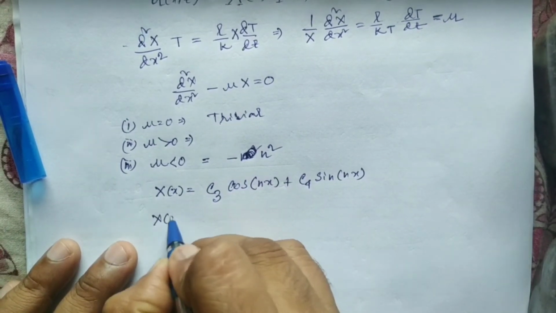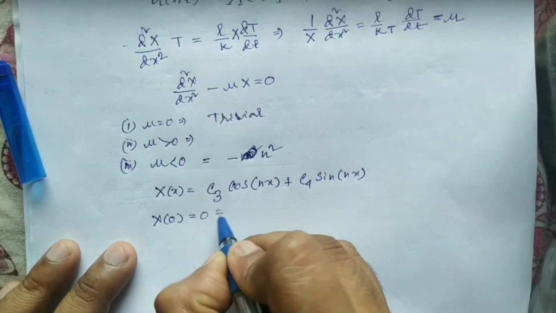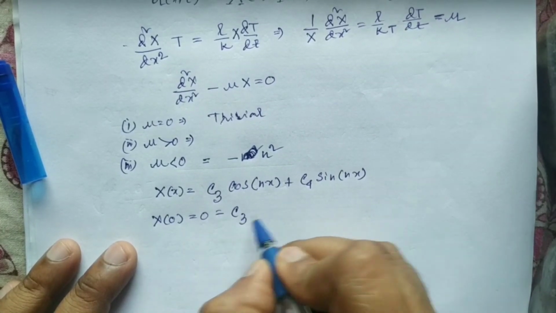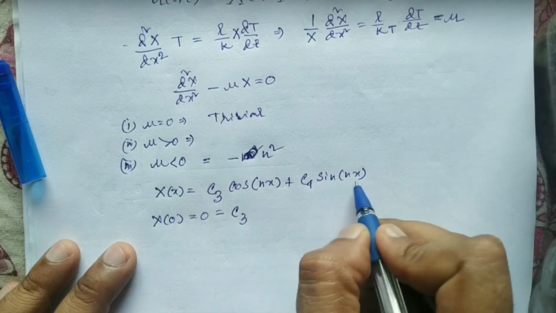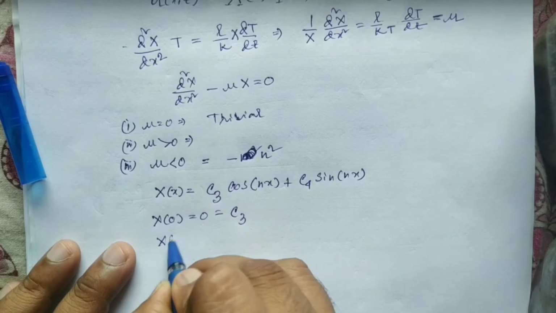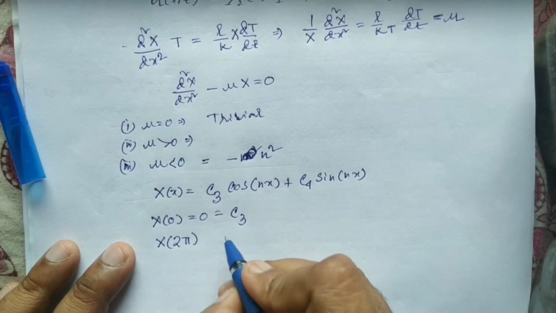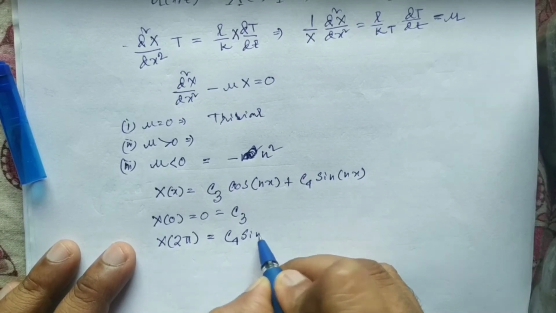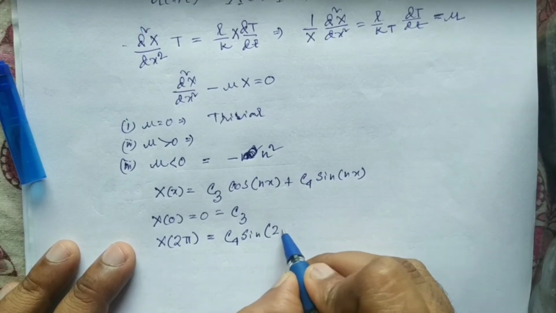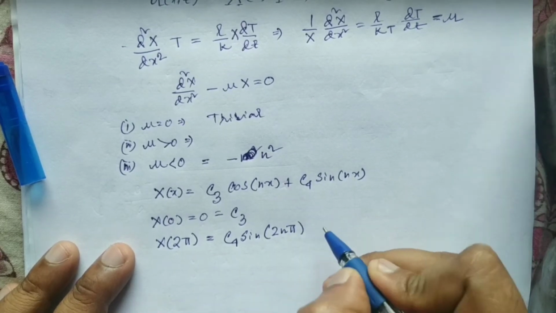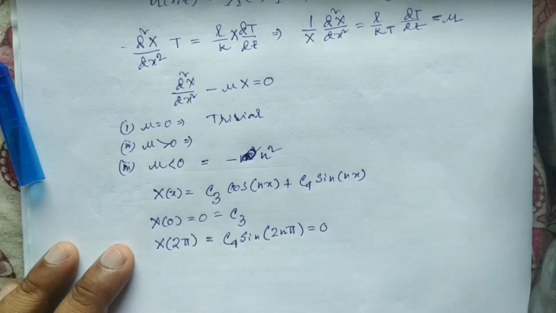If you write X(0), which is equal to 0, this gives c3 equal to 0 because this part is already 0, and then X at 2 pi is equal to c4 sin(2n pi) is equal to 0.